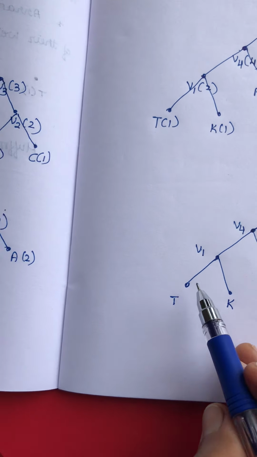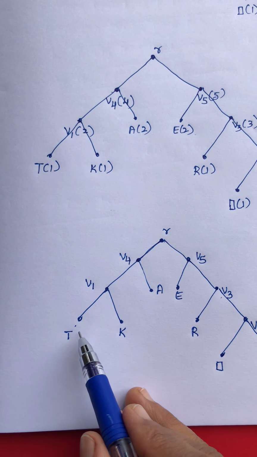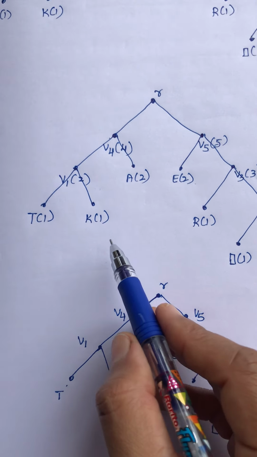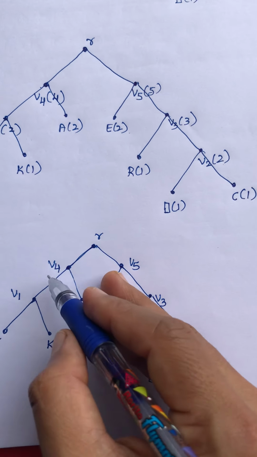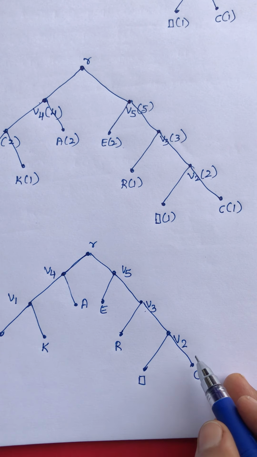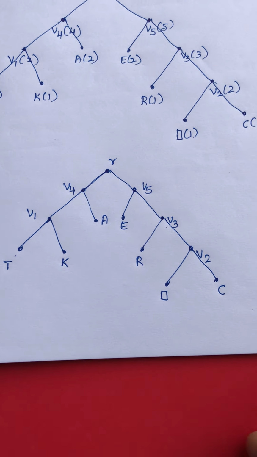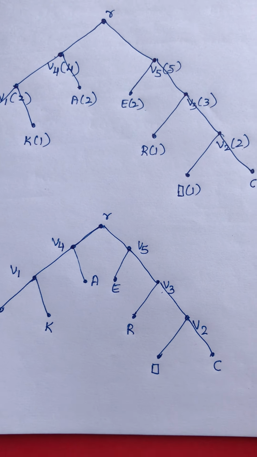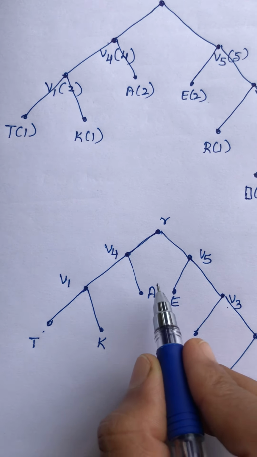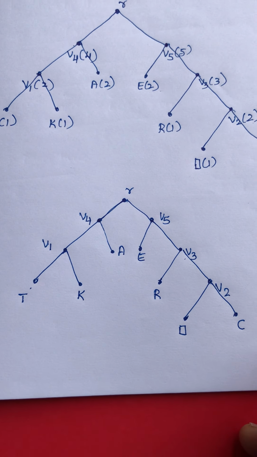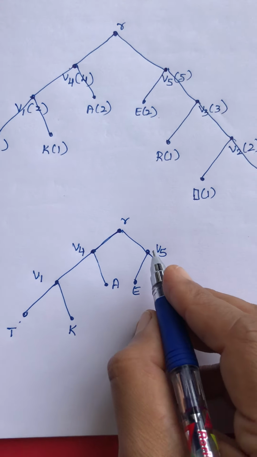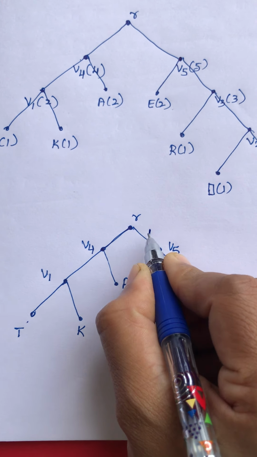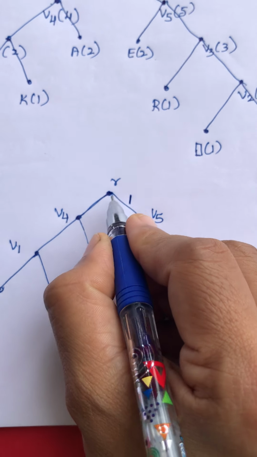For these labels you can write the weight or you can leave it out, it's fine. You can write T1, K1 like we have written, but V1, V2, V3, V4 and all are not required now. Mainly these are important for us: T, K, A, E, R, the letters present in the word take care. Now start from the root.